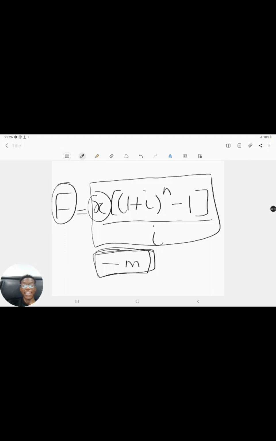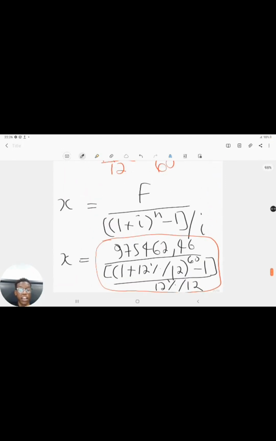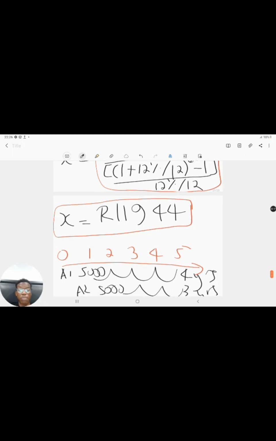The monthly installments that I put in on a monthly basis will have to be bigger. That's logic. So I'm expecting the answer that I'm going to get to be bigger than 11,944. If it's not bigger than 11,944, then I know that I did something wrong. It can't be less. That's by logic. It has to be bigger.